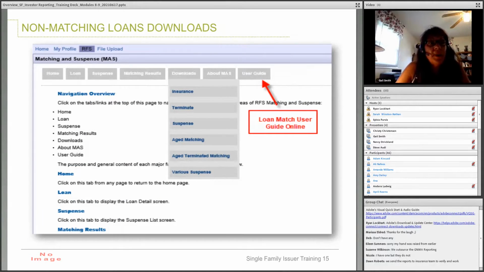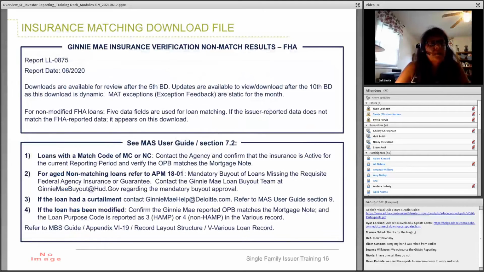So also in the Matching and Suspense module, there is a user guide. As you can see, it's the very last tab on the screen. Also listed there are the downloads that are available to issuers for work to resolve your non-matches. The insurance matching download file is available after the 5th business day, and then updates are available to view and download after the 10th business day.